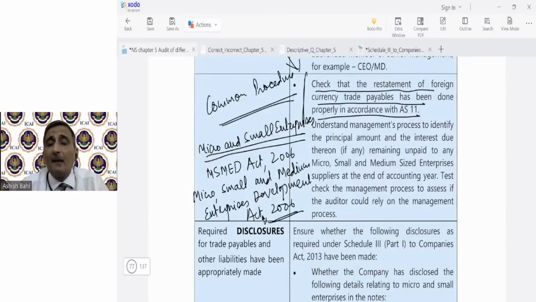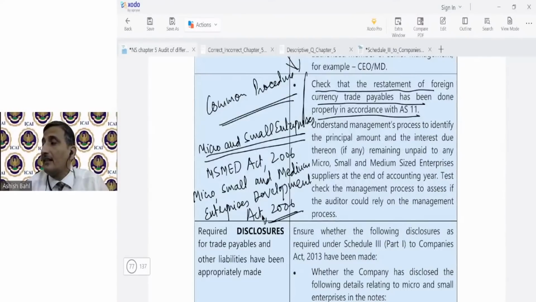So anyways, the payment has to be made in a period of not more than 45 days to these micro and small enterprises. If such payment is made beyond that period, then interest is payable by the company to these micro and small enterprises.